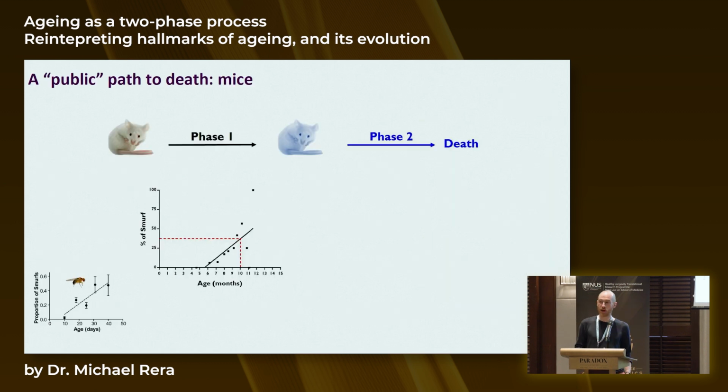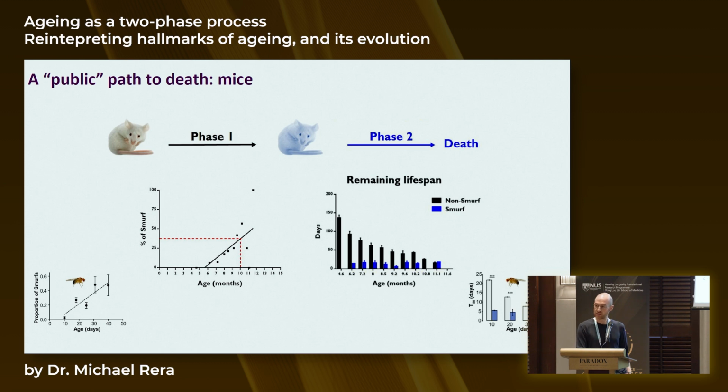So with these parameters, we decided to reclassify all our mice as being in phase 1, so non-SMURF, or phase 2. And what we could see is that, as previously shown in flies, we have a time-dependent increase of the incidence of SMURF mice as the population ages.